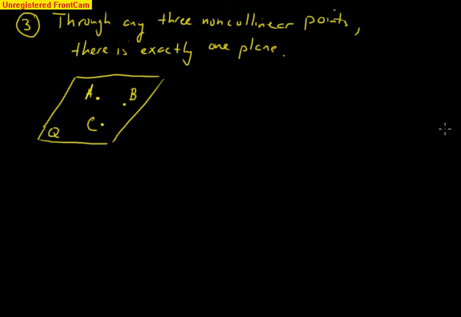Okay, and let's do another postulate example. If 2 lines intersect, then their intersection is a point.